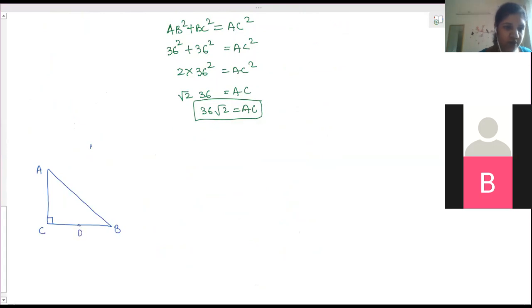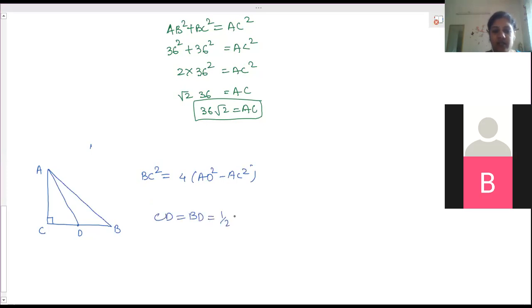Prove that BC square is equal to 4 AD square minus AC square. D is the midpoint, so AD is a median. So we will get CD is equal to BD, that is half of BC. We have to use the AD square and AC square relation. Here, triangle ACD, if we take it.